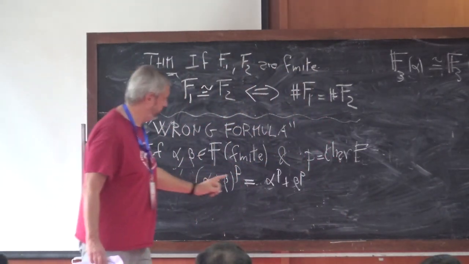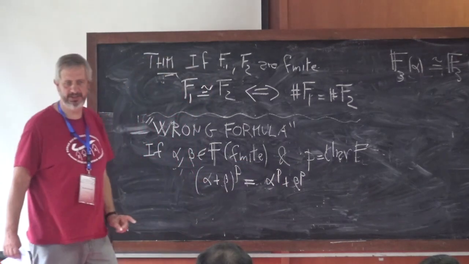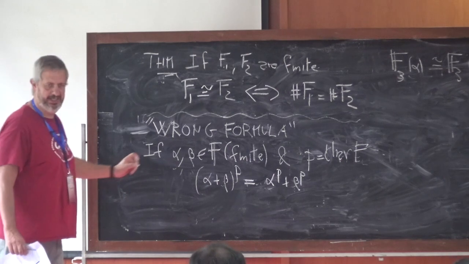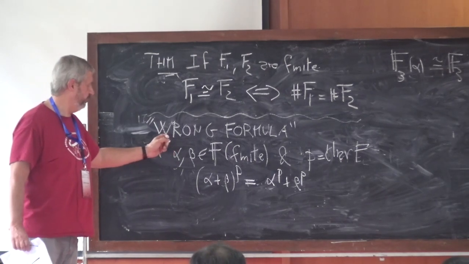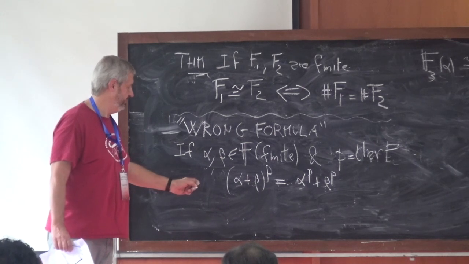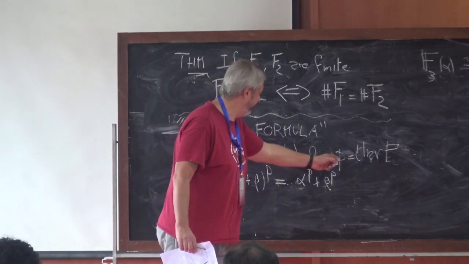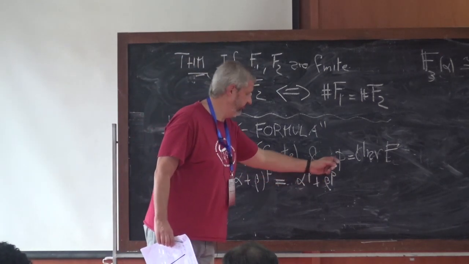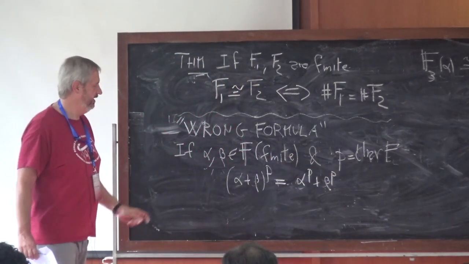And this only works with the P that is the characteristic. Okay? So now it's clear why I call this Brown formula, because one has to be careful that you shouldn't use it if this P is different from the characteristic, and you shouldn't use it even if P is equal to 0, right?